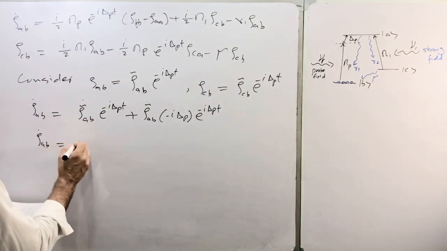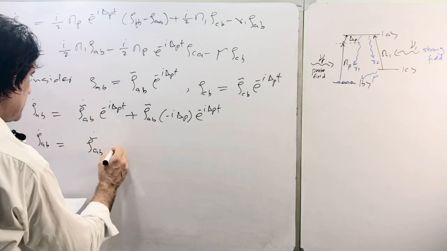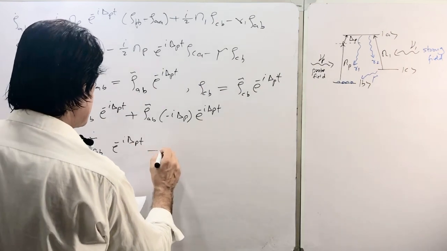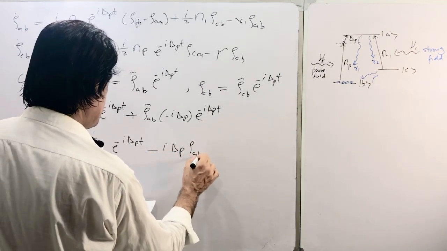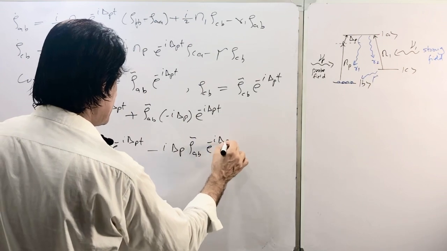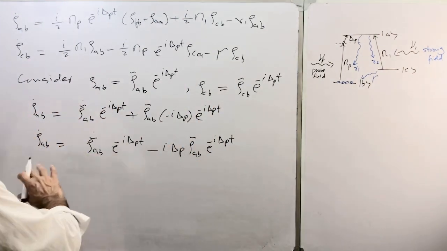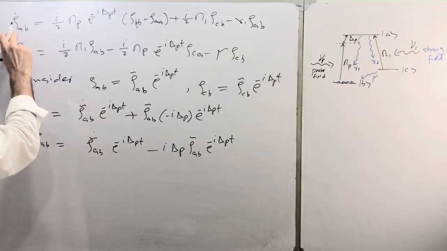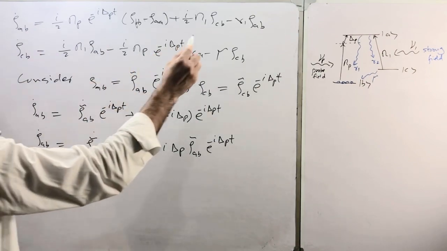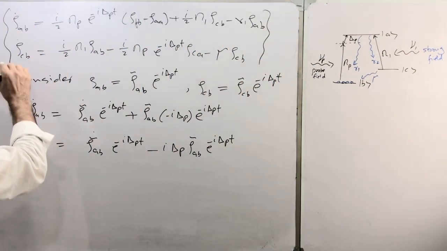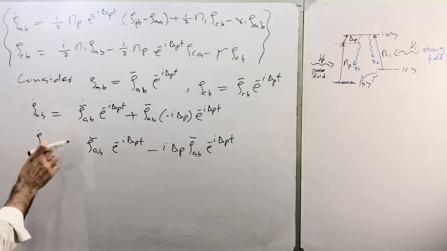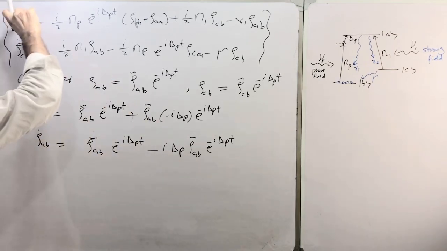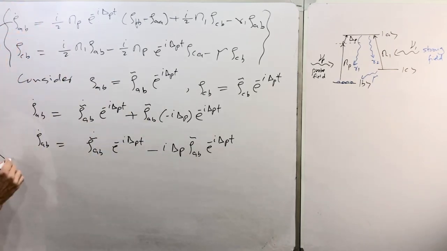So rho dot AB is equal to rho AB dot e to the power minus iota delta pt minus iota delta p rho AB e to the power minus iota delta pt. I have considered this equation and then differentiated because I have to put it here. From this equation, rho dot AB is equal to this. So put the value of this here.